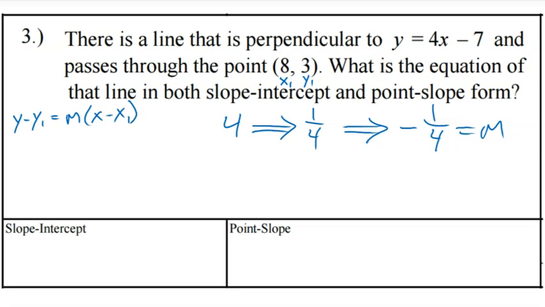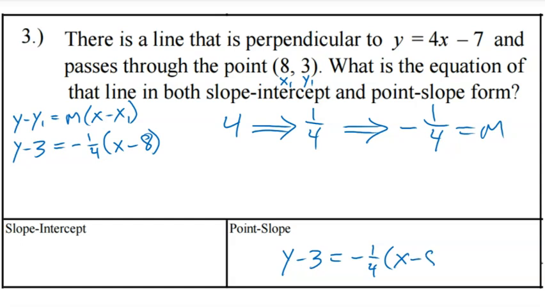And so y1 is 3, m is negative 1/4, and x1 is 8. So this is our point-slope form: y minus 3 is equal to negative 1/4 times x minus 8.